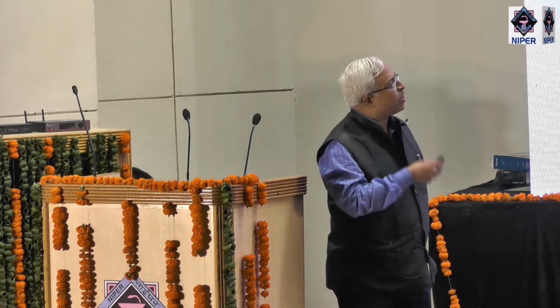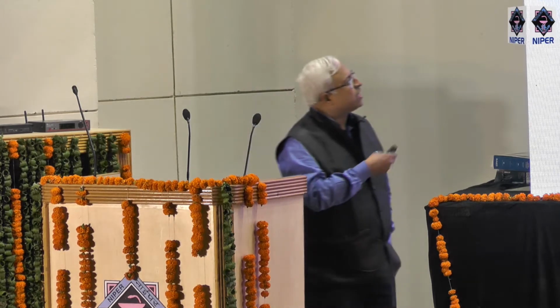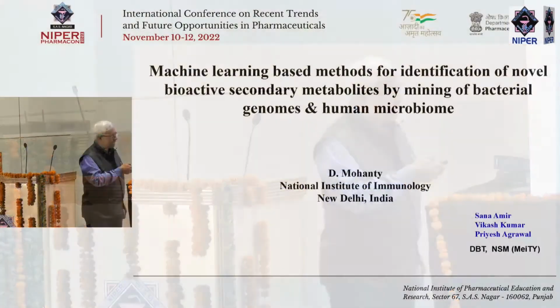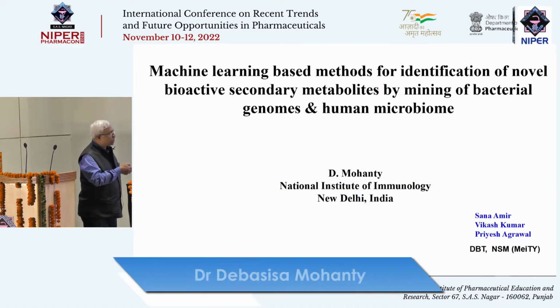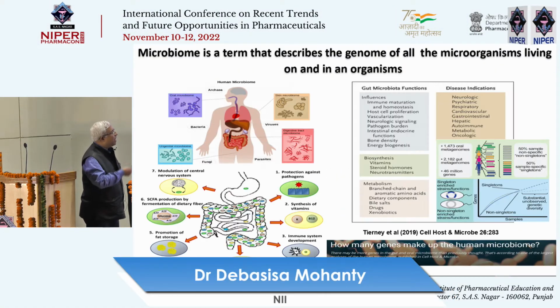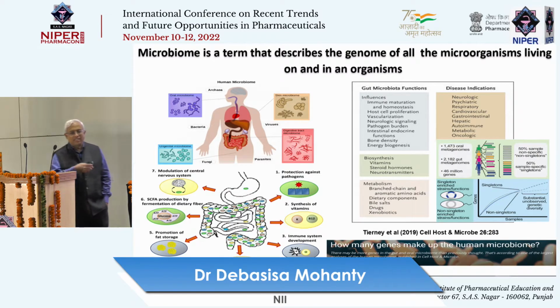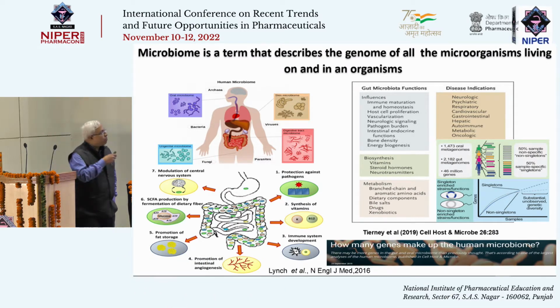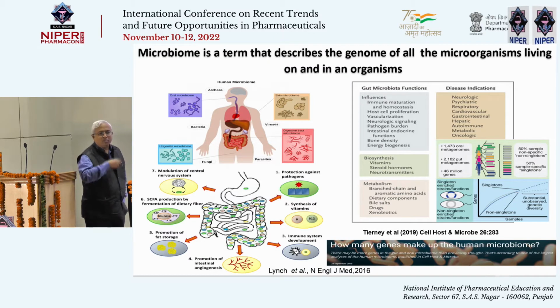So what I am going to talk about is some of the computational methods which we are developing to address a few questions relating to the microbiome. As you heard in the previous talk, for precision medicine, you require genome sequencing. But now, the microbiome is implicated in almost many of these things.